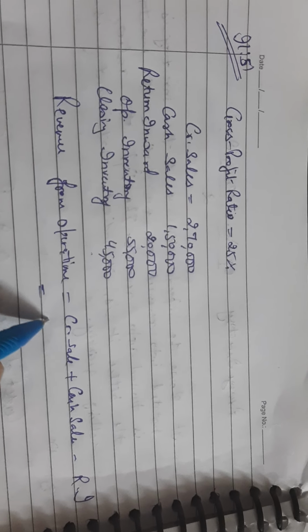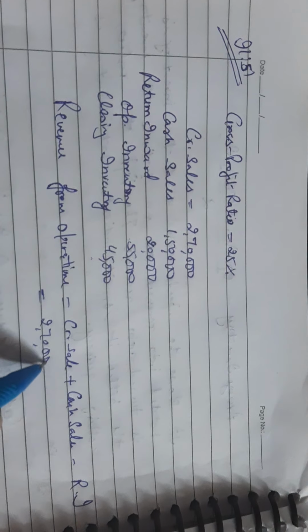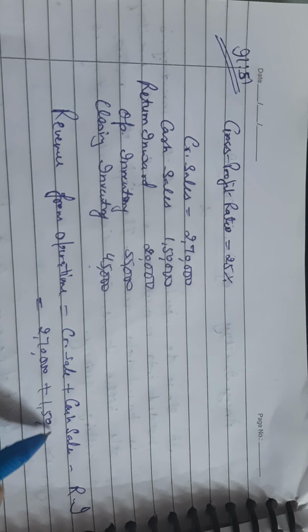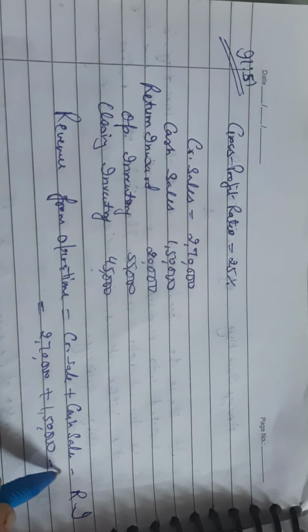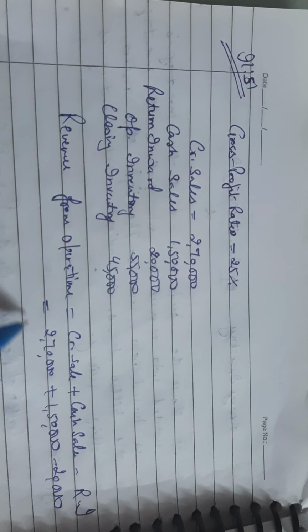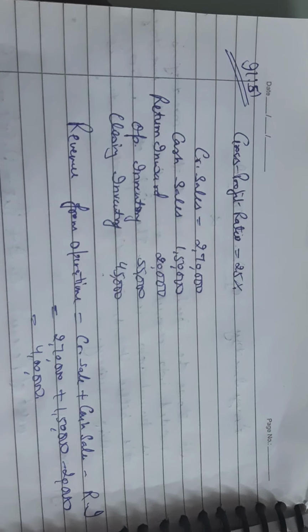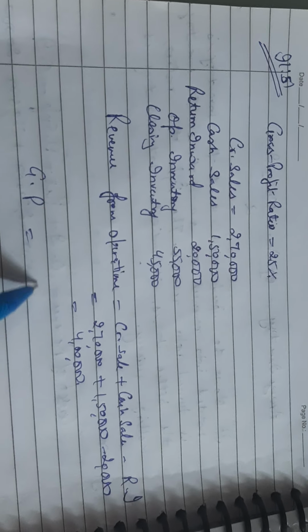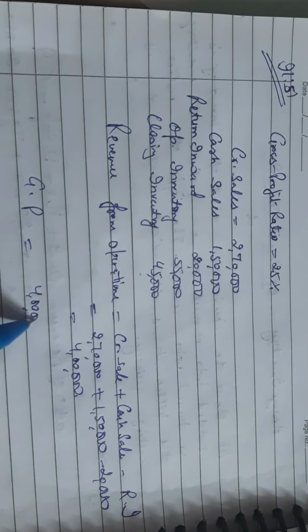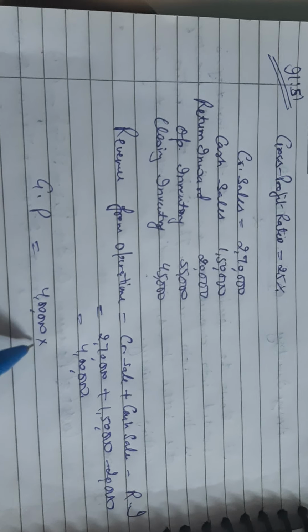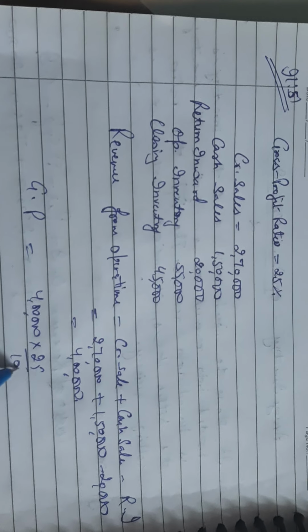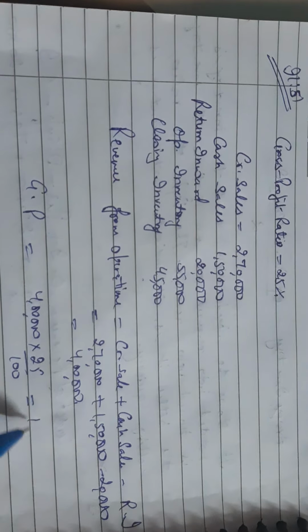Credit sale is 2,70,000, cash sale is 1,50,000 and return inward is 20,000. So we have the revenue of 4 lakh. Now the gross profit ratio is given as 25%. It means we have the gross profit of 25% of the 4 lakh revenue, that is 1 lakh.